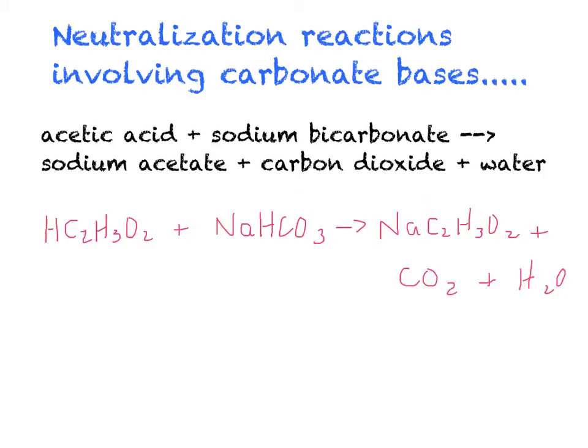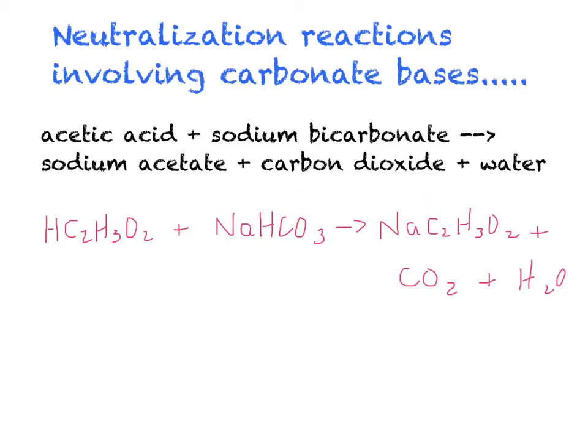Here's a neutralization reaction with a base that has a carbonate or bicarbonate in it. In my title here I have involving carbonate bases, but it could also be bicarbonates. So we have acetic acid, which is just vinegar, reacting with sodium bicarbonate, which is baking soda, and you're all familiar with the classic vinegar and baking soda reaction. So this is what's going on here.